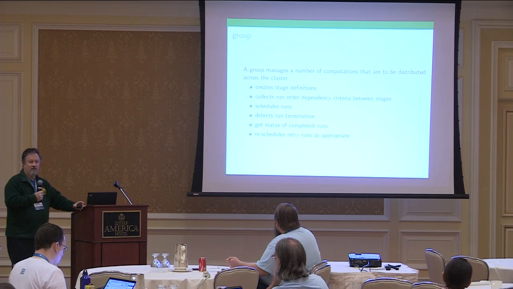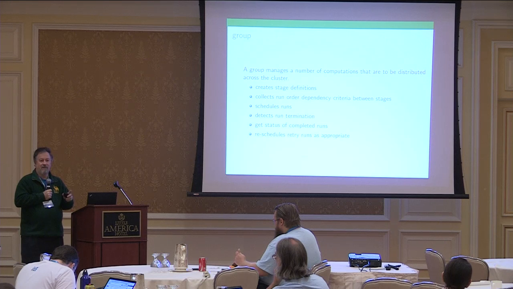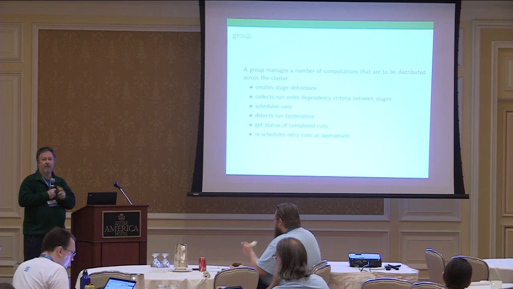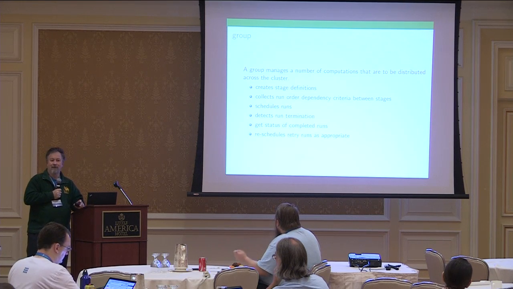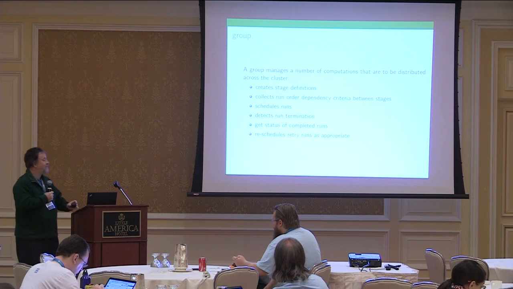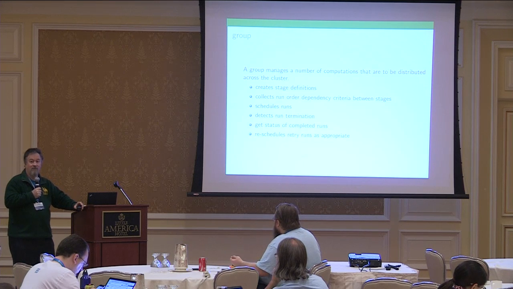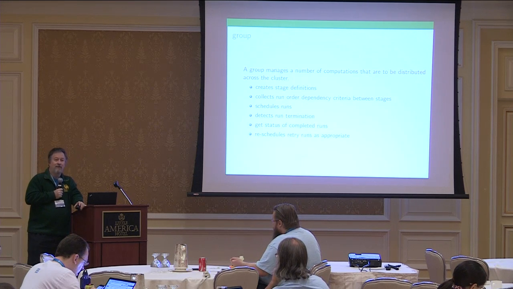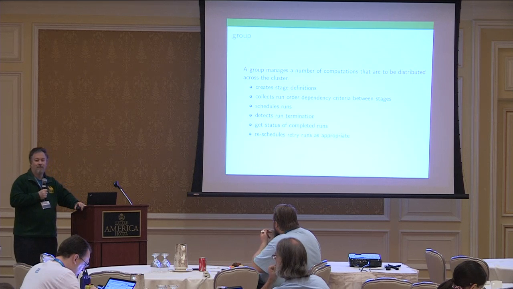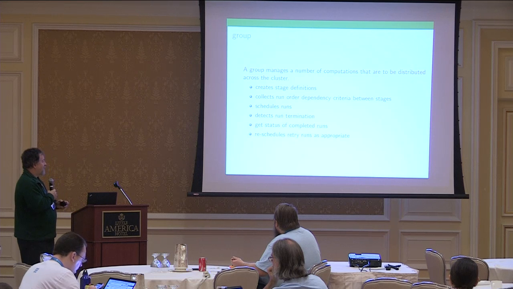It manages the whole process of setting up things to be run remotely, any dependencies where these steps have to go before these ones, that sort of thing. So there's the scheduling in terms of those dependencies, detecting when individual things run, deciding whether something can be run again because it failed in a way that can be corrected, collecting status, and so on.